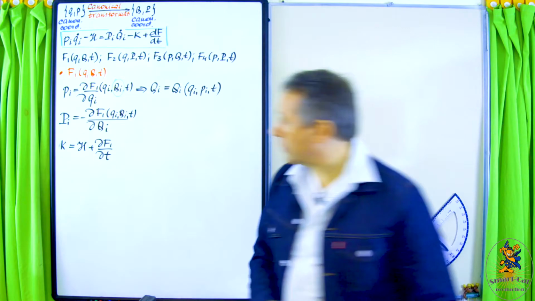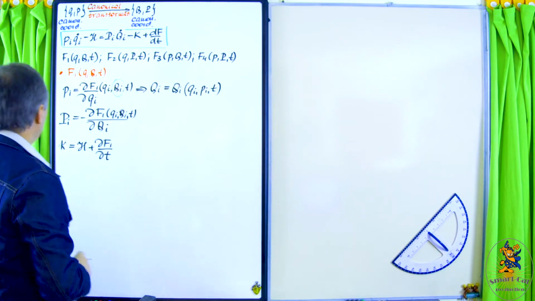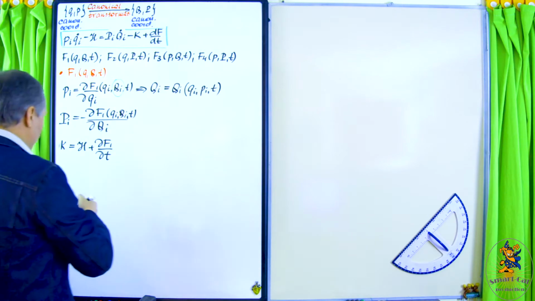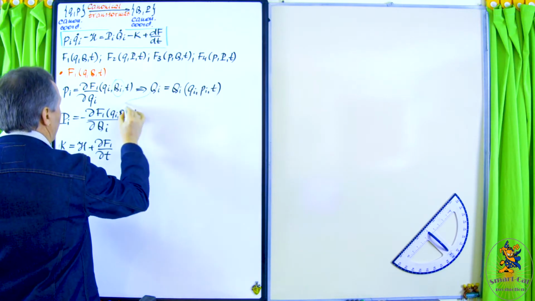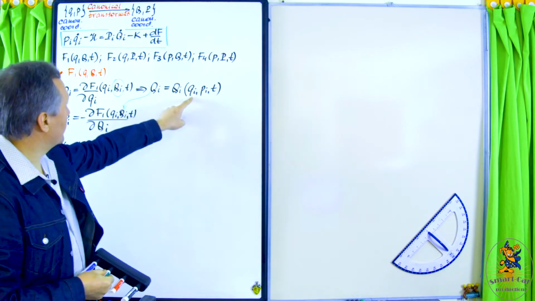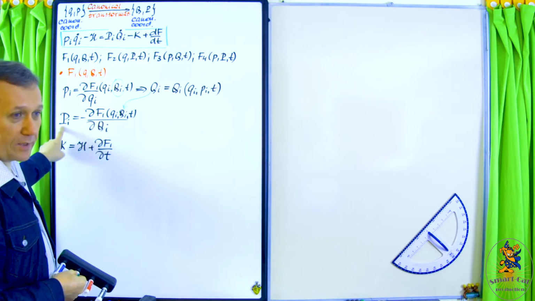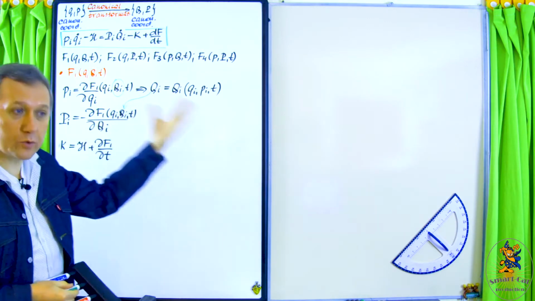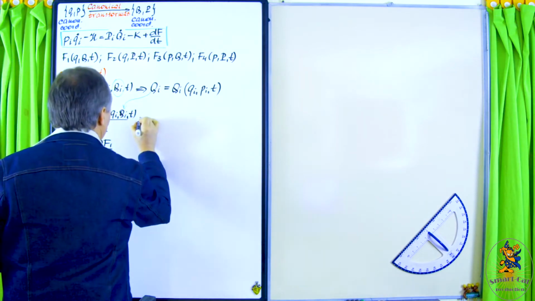Now, what about the second one? So now we need to get p capital in terms of q small, p small. In order to get that, we need to take this, plug it into the second. This brings q small, p small. Here there is also q small. So immediately we're getting p capital in terms of q small and p small. So the second transformation equation.